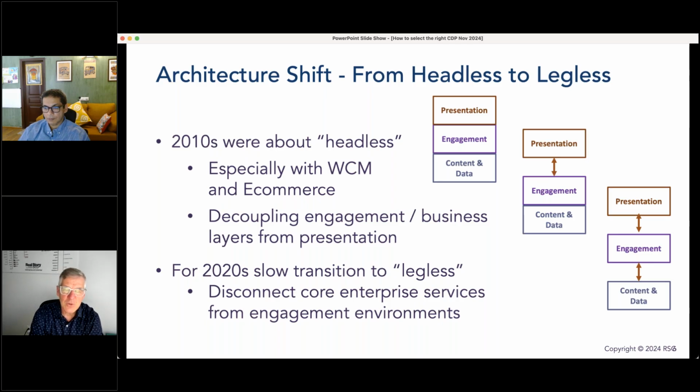What we're seeing now in the 2020s is the advent of what we call legless architecture, where we're disconnecting core enterprise services around content and data from their engagement environments. No platform has been more emblematic of this than CDPs, where we're finally liberating our customer data from these engagement environments and managing it as a unique layer in our stack, so that we can apply those segments, those rules, and that customer data across multiple different engagement silos.